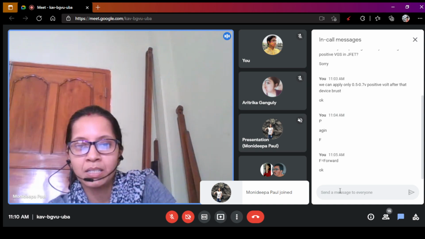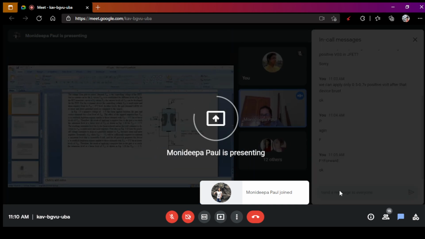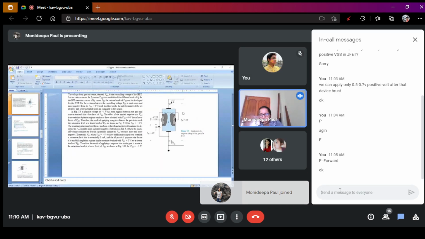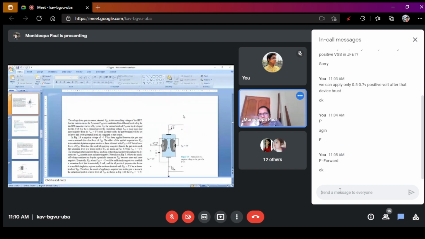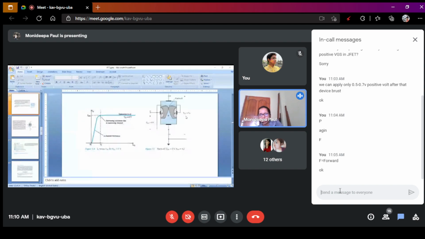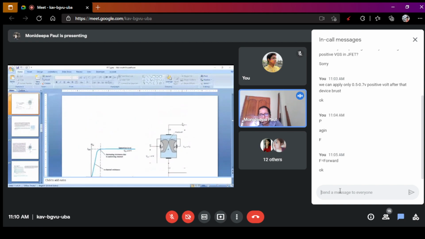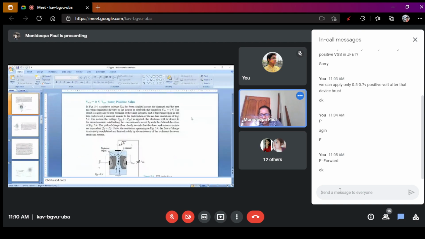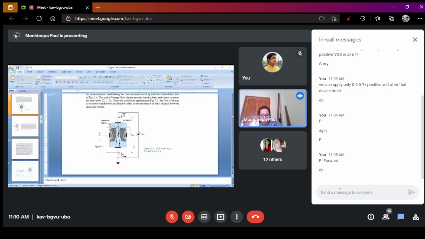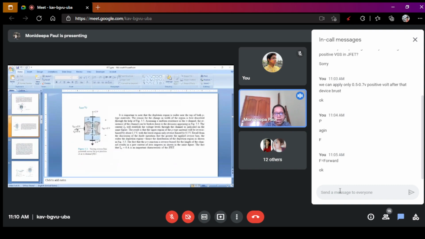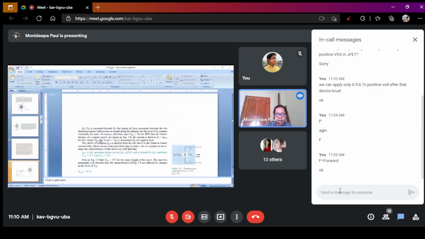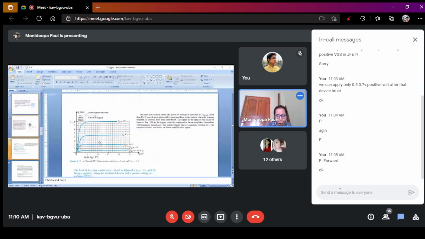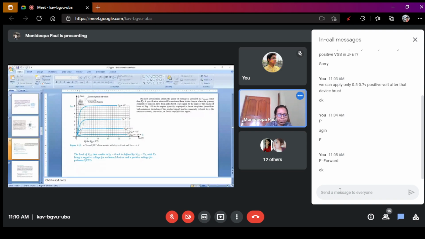This is the characteristic curve, and this is the circuit diagram, figure number 5.4, and you draw the characteristic curve, that is 5.10.